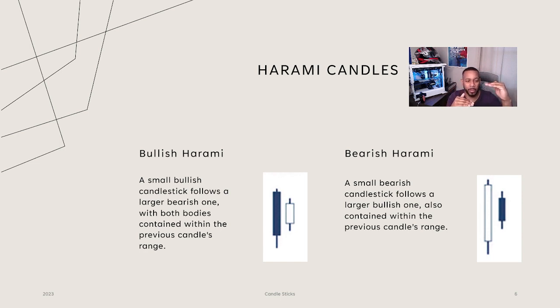So a bullish Harami, that's a bearish candle followed by a bullish candle. They can have the closing of the bearish and the opening of the bullish candle on the same level. However, the total size of that candle, from price being its lowest low and the highest high, has to fit within the previous candle. That's what a Harami is.